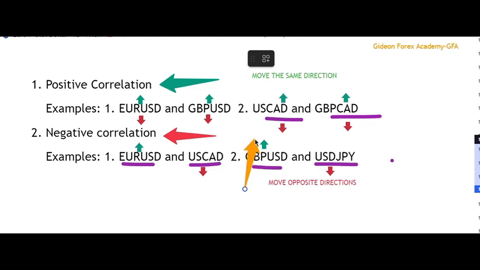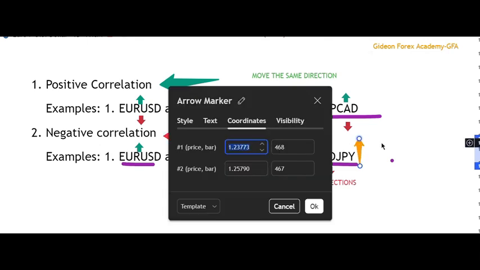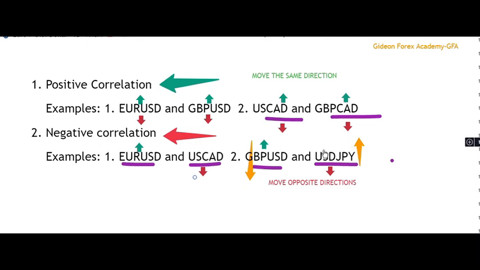If you have bought GBP/USD and the price of GBP/USD falls, and you have also sold USD/JPY and the price of USD/JPY goes up, it means the US dollar is strengthening and it will go against you. So you will be losing here with USD/JPY and you'll be losing here also.